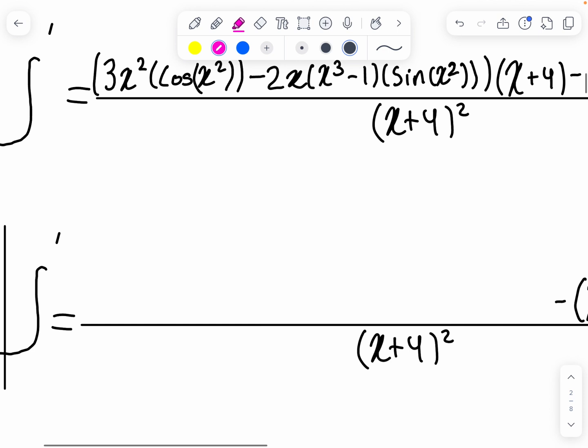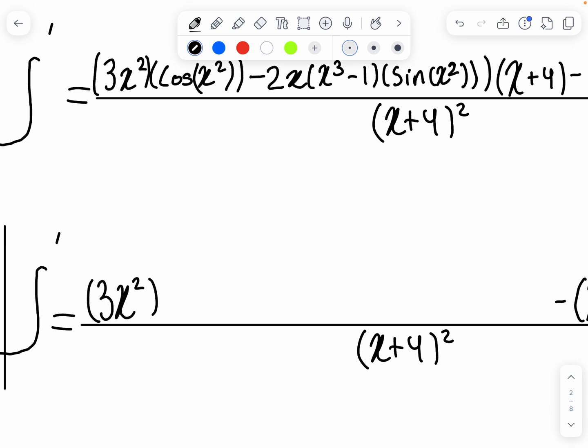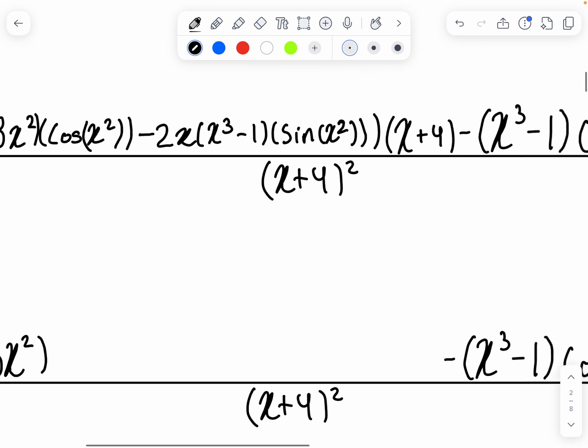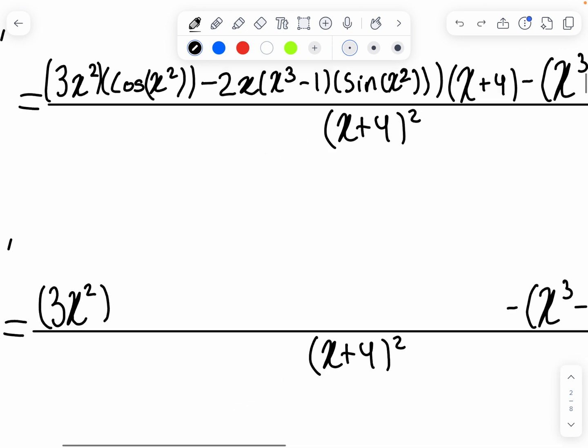Okay. So starting off, we have the term of 3x squared times the value of x plus 4 from here.